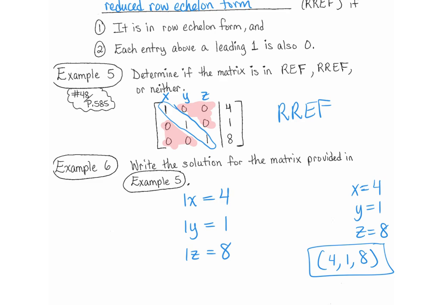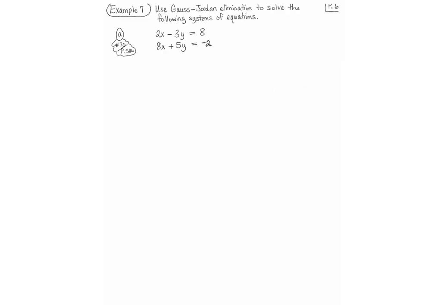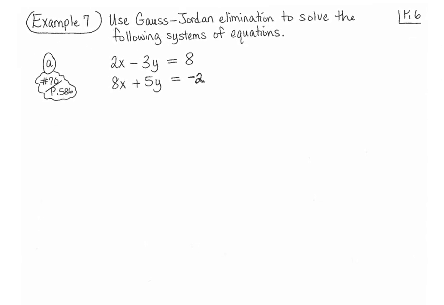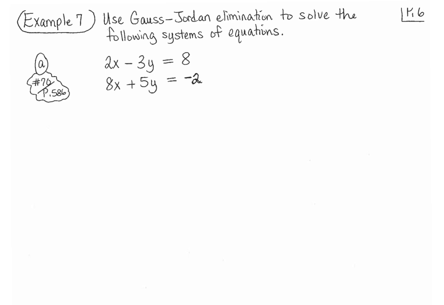We're going to use the method of Gauss-Jordan to solve the following systems of equations. The first thing we do is take our system of equations and write the corresponding augmented matrix.